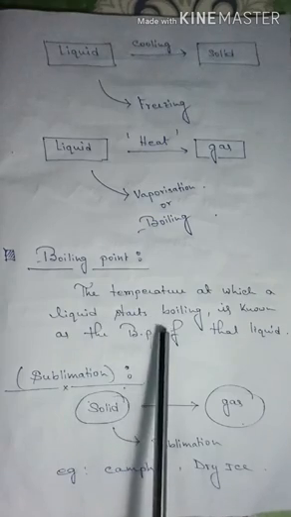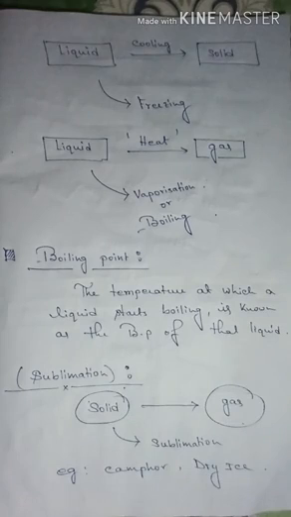The temperature at which a liquid starts boiling is known as the boiling point of that liquid. Now if a liquid starts boiling, then the temperature does not increase above the boiling point. 100 degree centigrade is fixed after the boiling point for water actually.